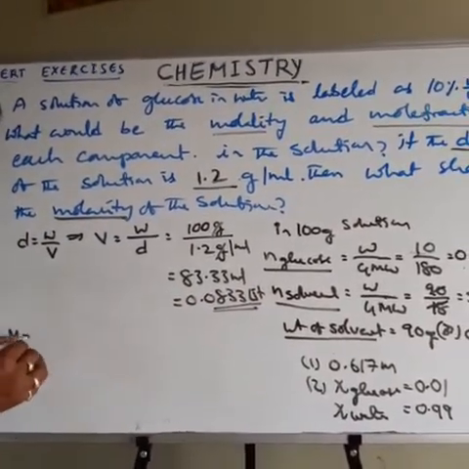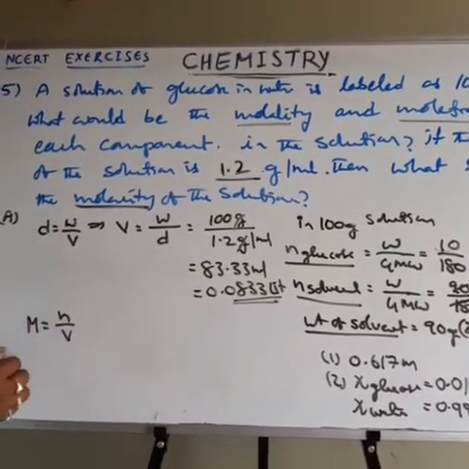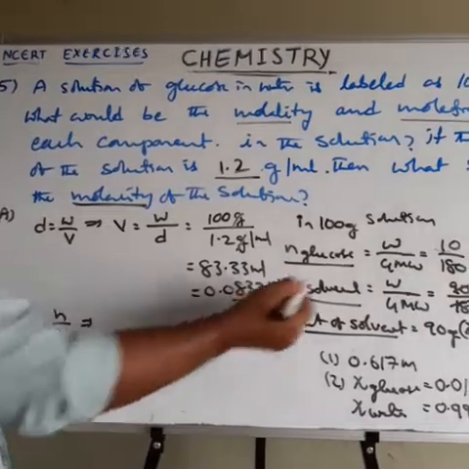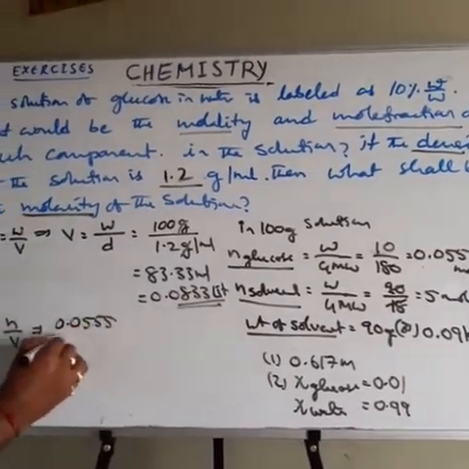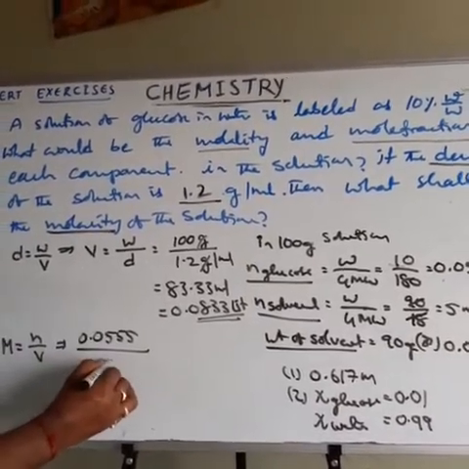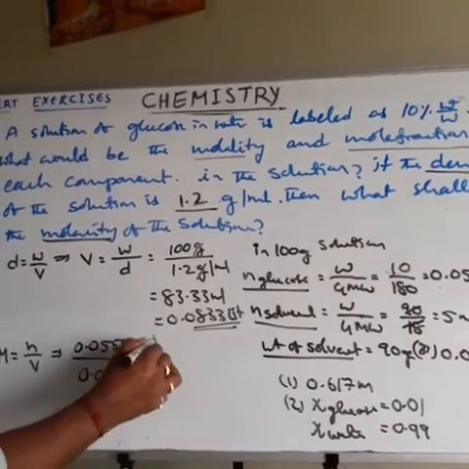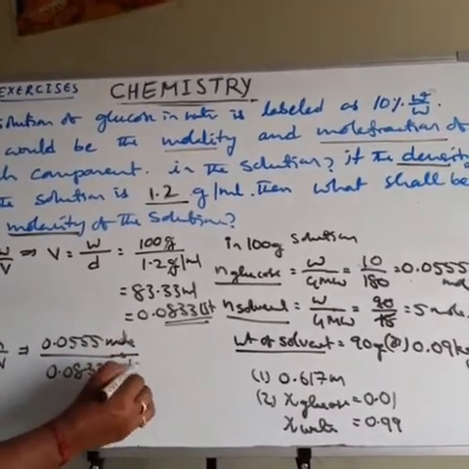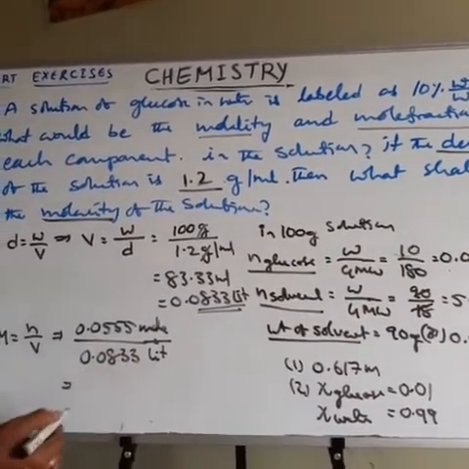Next, molarity is equal to number of moles of solute divided by volume of solution in liters. The number of moles of solute we already calculated, 0.0555, divided by 0.0833.